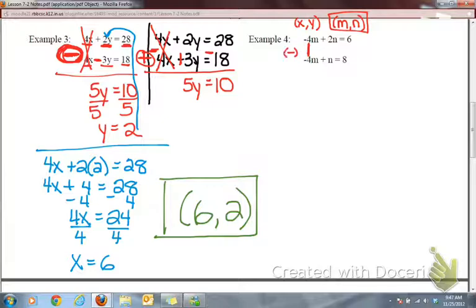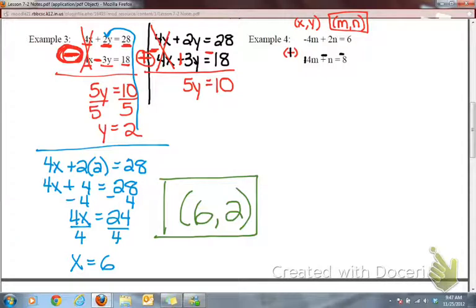Now, if you want to, you can change your subtraction to adding, but then you have to go through your second equation and change all of the signs. So the negative 4m would become a positive, the n would become a minus n, and the 8 would become a minus.